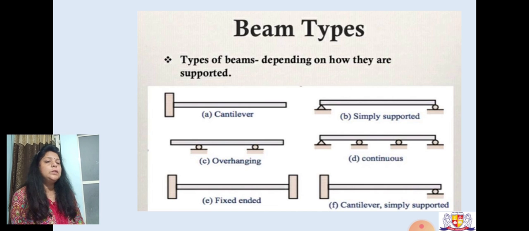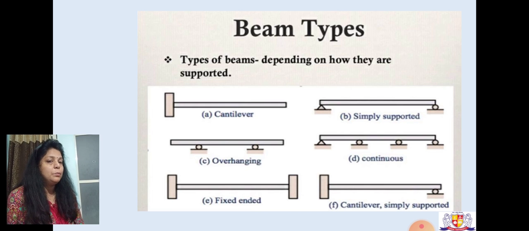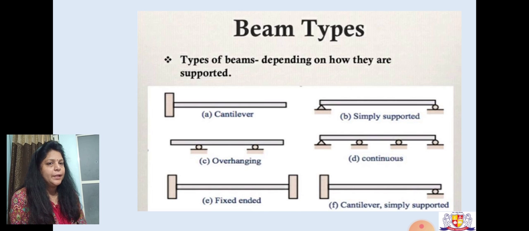Then we have got the fourth type of beam, which is a continuous beam. You can see in the diagram that it has got more than two supports. That means a beam which has got more than two supports is called a continuous beam. Now, can anyone give me an example? Everybody has gone to malls and cinemas to see movies, right?